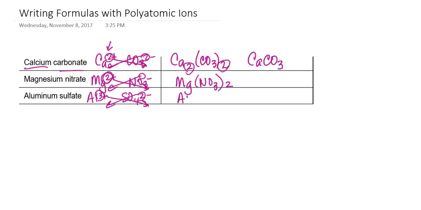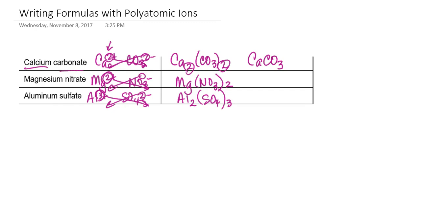And so I'm going to get Al2 and then SO4, but I want 3 of them. And so I'm going to put parentheses around the sulfate ion and put a 3 right outside the parentheses. All right, so that's how I would write these particular formulas for these compounds.